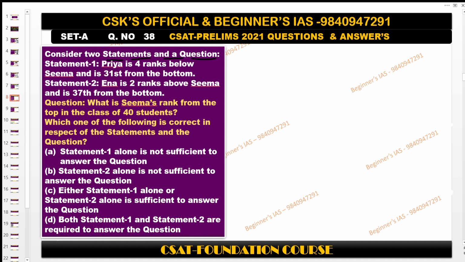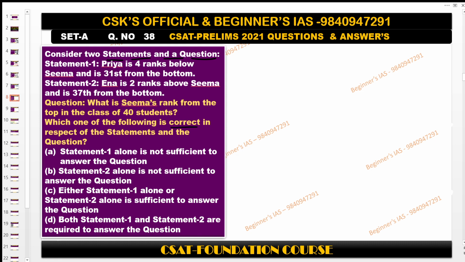What is Shima's rank from the top in a class of 40 students? This is a data sufficiency problem. You can check whether statement 1 is enough, or statement 2 is enough, or both statements are required. You need to find Shima's rank from the top in the class of 40 students.